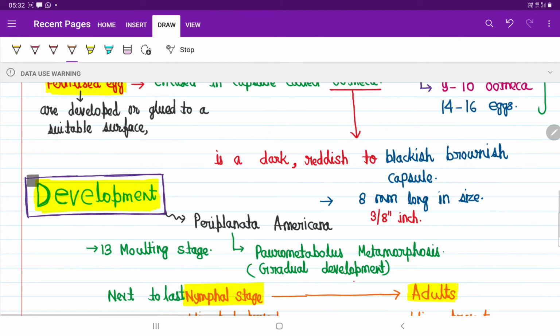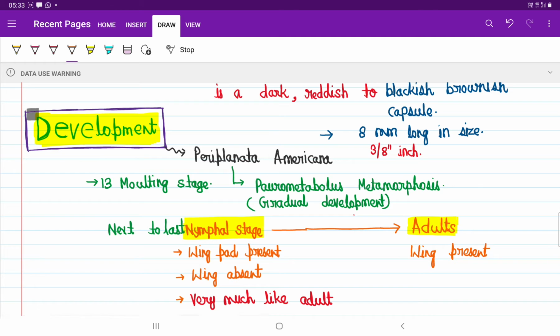Now you come to their development. Actually, the cockroach has indirect development, that means they have a larval stage and an adult stage, right? They have a total of 13 molting stages. The egg will hatch, a nymph will develop, and this nymph will go through 13 developmental stages.